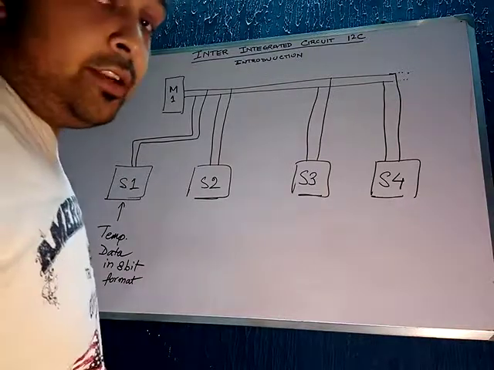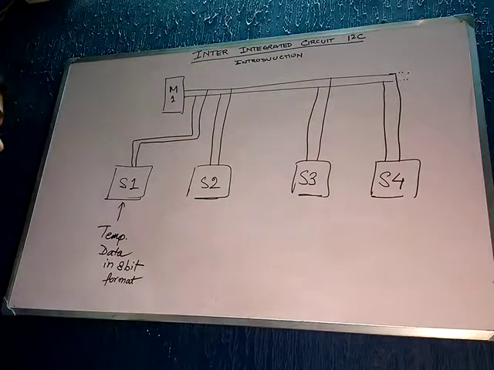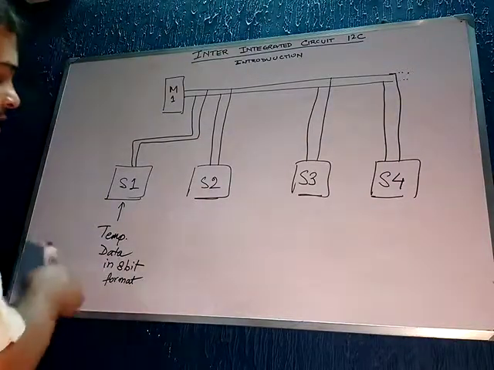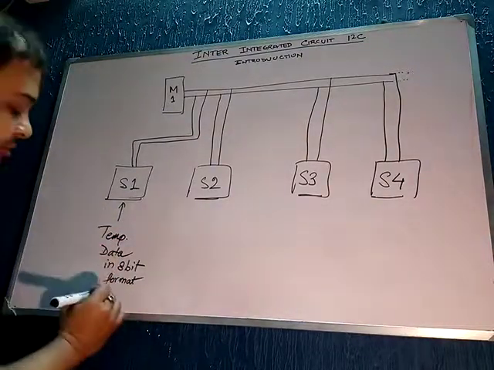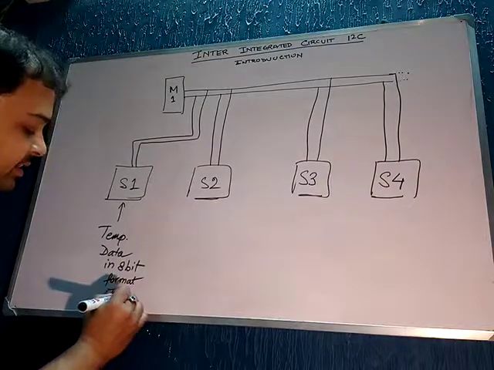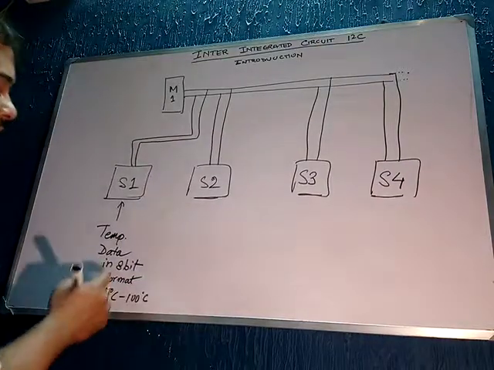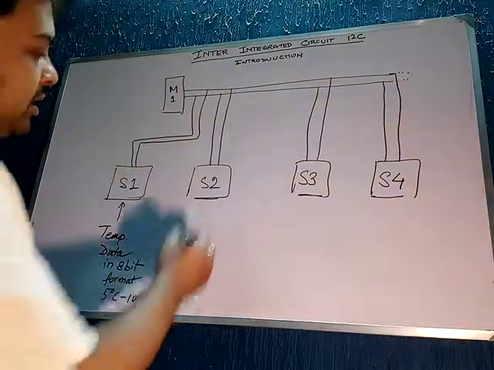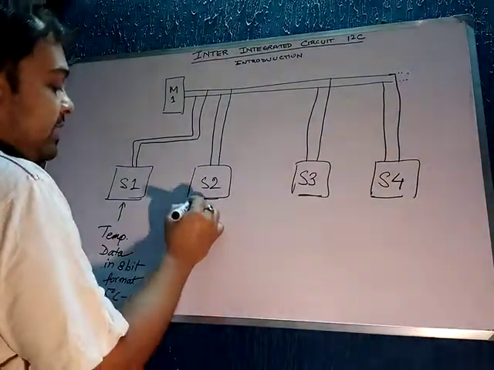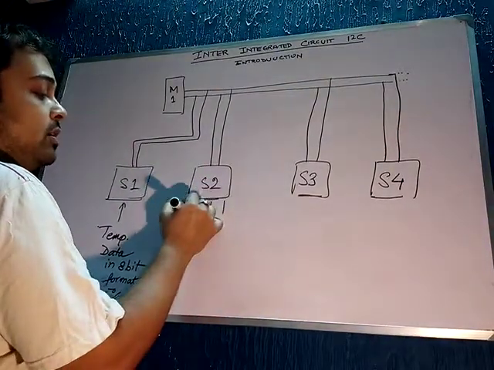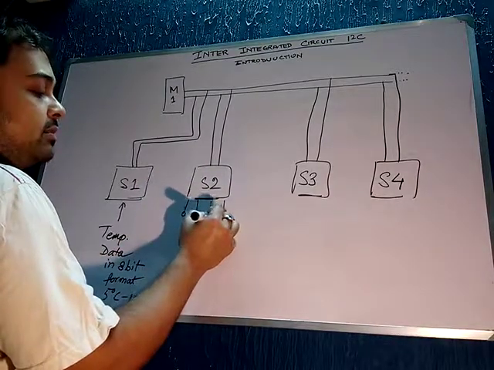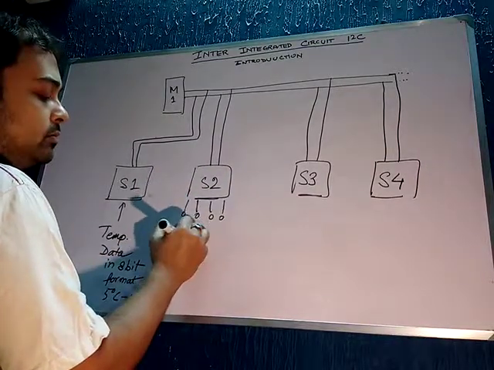That is up to you to calculate. I won't tell you. So it is measuring the temperature, say from 5 degrees Celsius to 100 degrees Celsius, in 8-bit format. This particular slave has 4 GPIO pins.